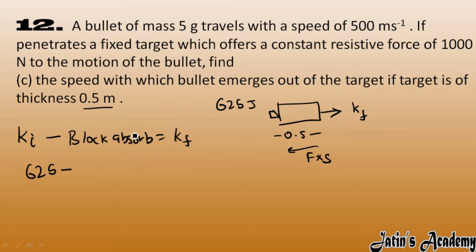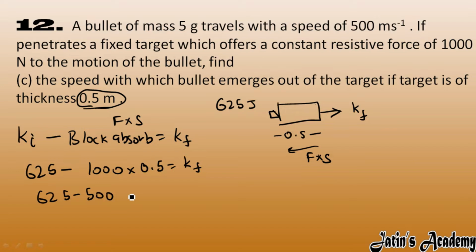That is force into displacement. Force we have 1000, resistive force by this block 1000, and displacement, the thickness of the block, is 0.5 meter. Final kinetic energy we have to calculate. So 625 minus 500, so final kinetic energy we got as 125 joule.